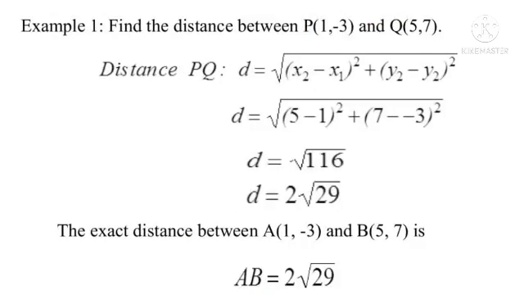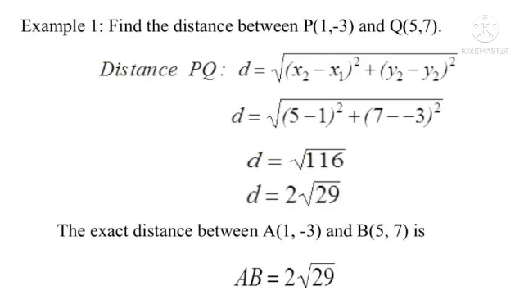Example 1. Find the distance between P(1, minus 3) and Q(5, 7). Distance PQ, D, is equal to the square root of (x2 minus x1) squared plus (y2 minus y1) squared.